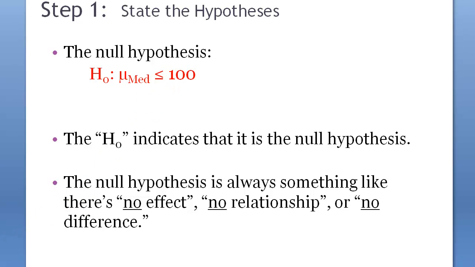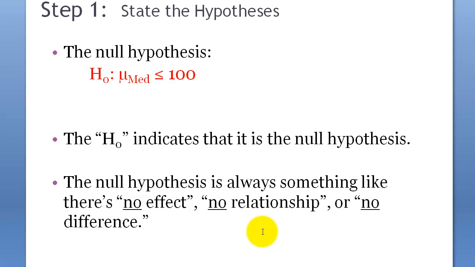Alternatively, we could have said it's a directional test. We assume that there'll be a positive change. Otherwise, if it could be negative or positive and we don't know which, then we would say it remains the same. In that case, the null hypothesis would be mu med is equal to 100.